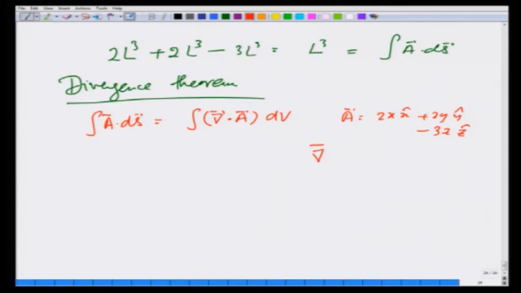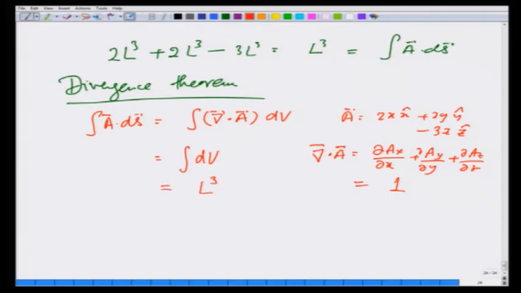You can see that divergence of A, which is partial Ax partial x plus partial Ay partial y plus partial Az partial z, is going to be 1. This is constant, so I can take this out. It is going to be only dV, the volume integral over the cube, which is L cubed. It gives me the same answer.